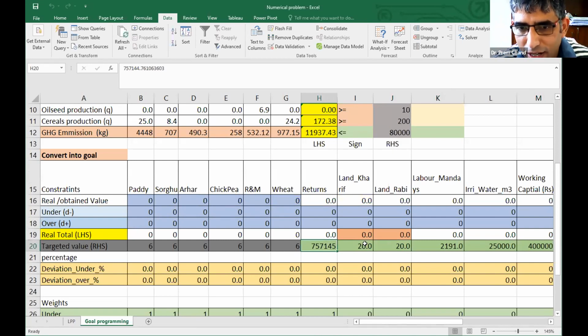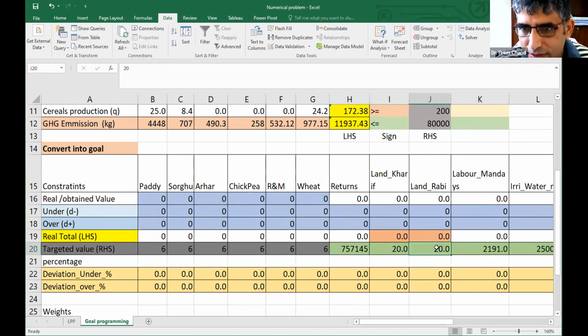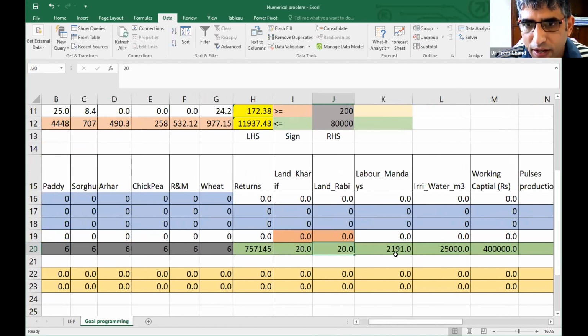I don't have the option to add land, neither in Kharif nor in Rabi. Okay, I have the labor availability this much. I can go above, but want to be near this one.